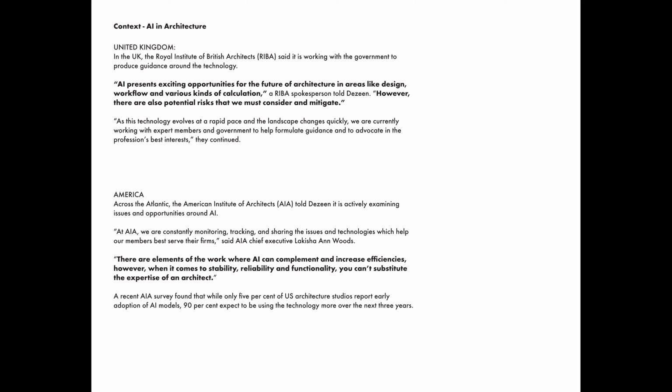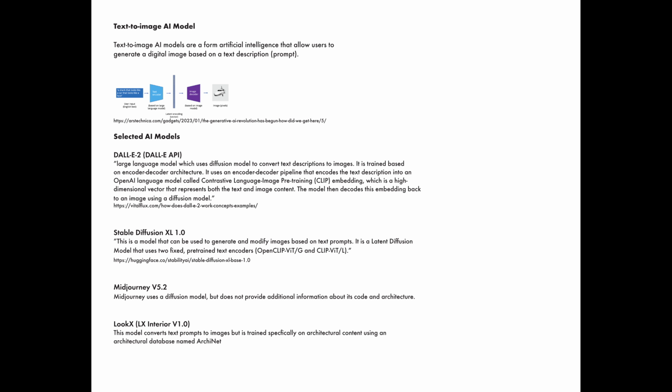However, there is also potential risks that we must consider and mitigate. The American Institute of Architects also noted there are elements of work where AI can complement and increase efficiencies. However, when it comes to stability, reliability, and functionality, you cannot substitute the expertise of an architect. And I think this will be reiterated as we move through the presentation today.